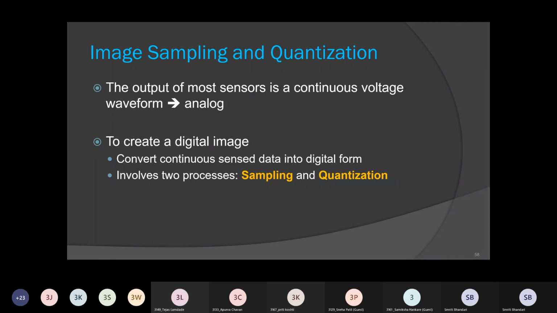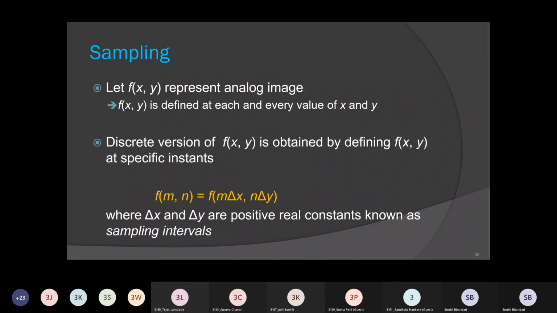To convert the analog image into digital form, we require two important operations, known as sampling and quantization. A digital image is the image formed after following these two processes.